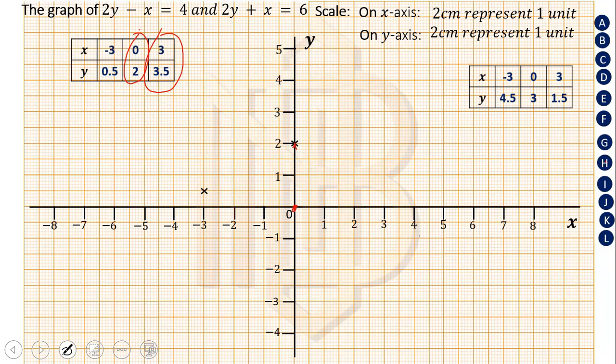You look for where you have 3 on your x-axis and 3.5 on the y-axis. That's here. So you trace it. Where the two lines meet is where you have our point.